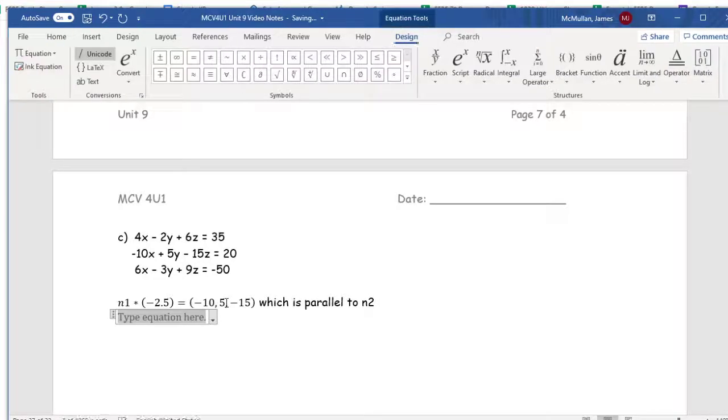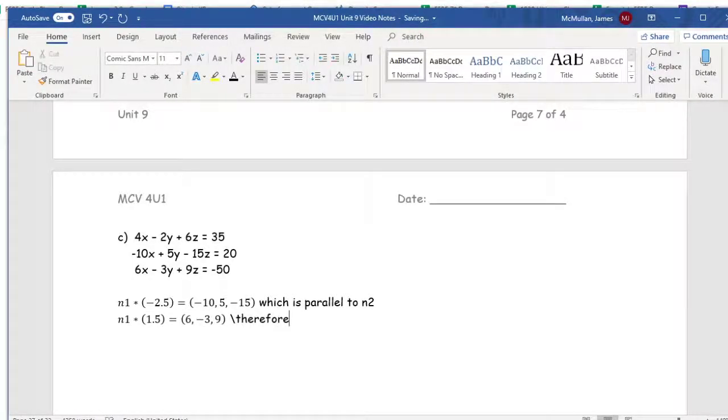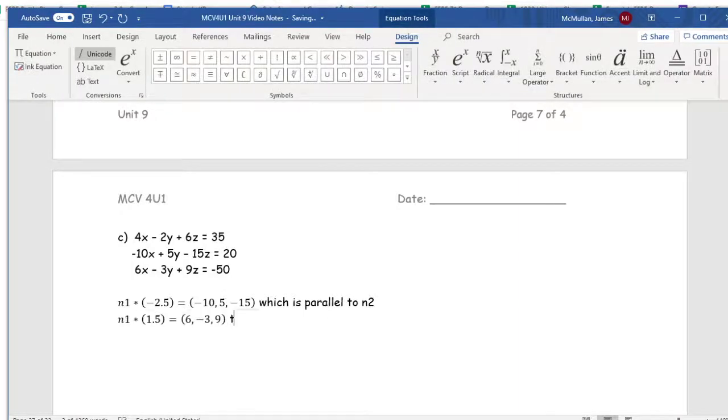Oh no, it would as well, sorry. n1 times 1.5 would give me 6, negative 3, 9, which is, you know, okay, so sorry. n1 is parallel to n3.